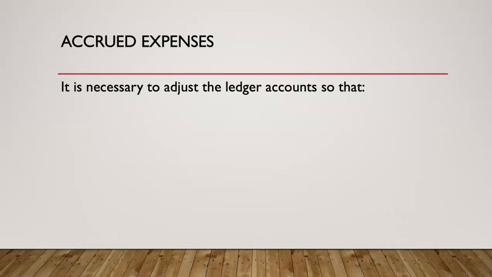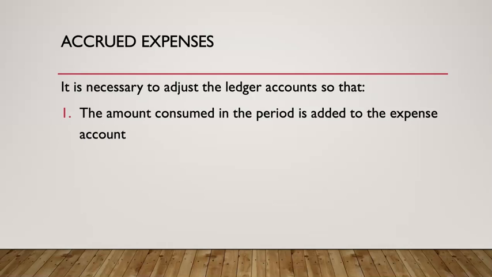We need to understand it's necessary to adjust our ledger accounts via the general journal so that this occurs. We need to understand and adjust these to accurately show the amount that has been consumed. So the amount consumed in the period needs to be added to the expense account.